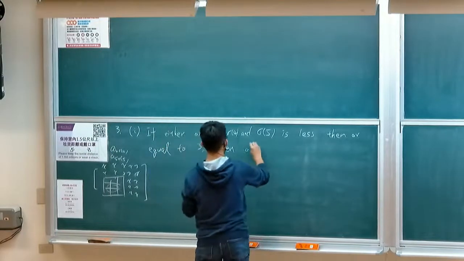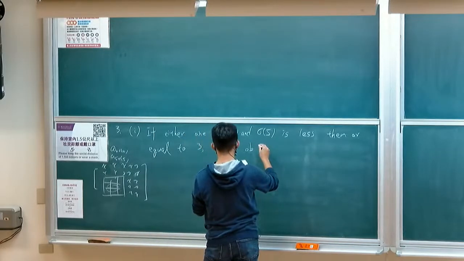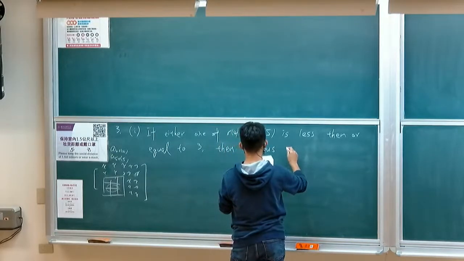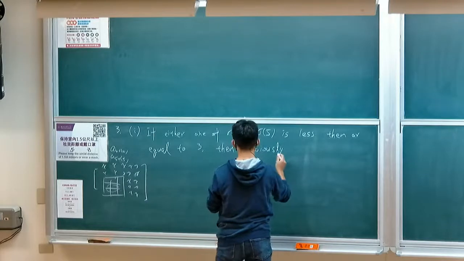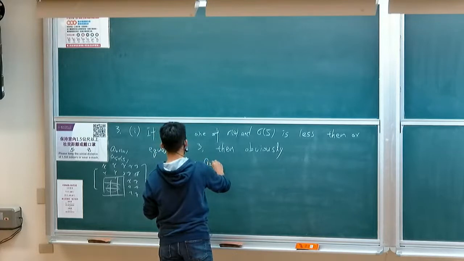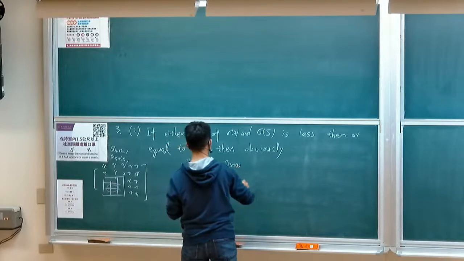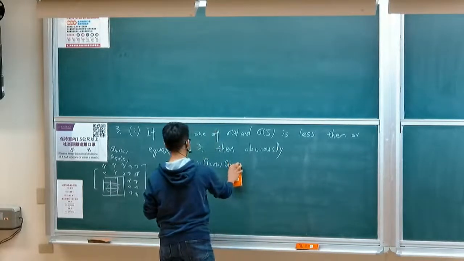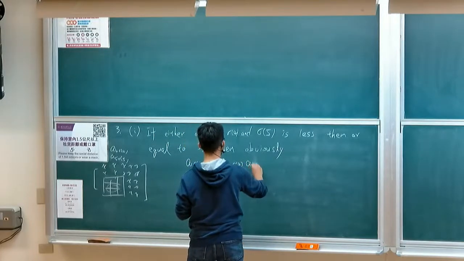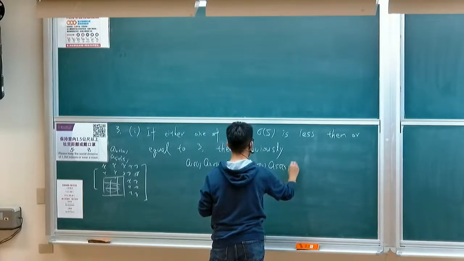So then obviously A1 sigma 1, A2 sigma 2, A3 sigma 3, A4 sigma 4, A5 sigma 5 is 0.